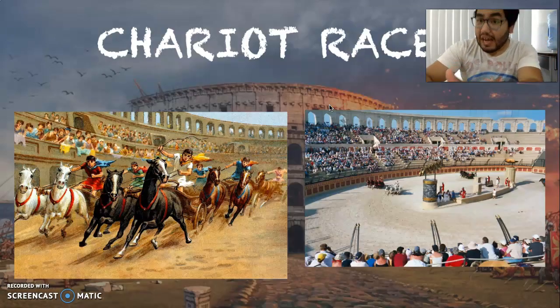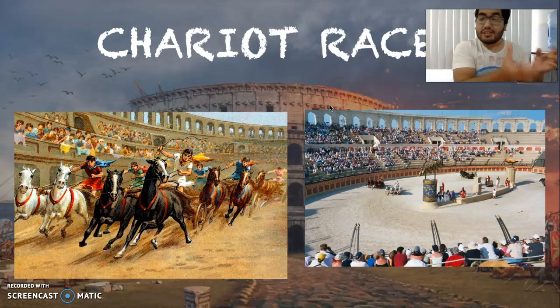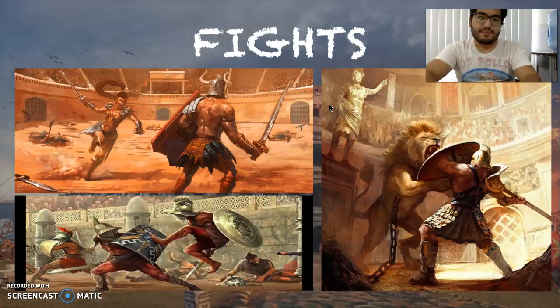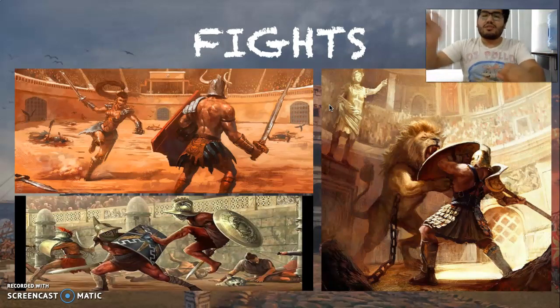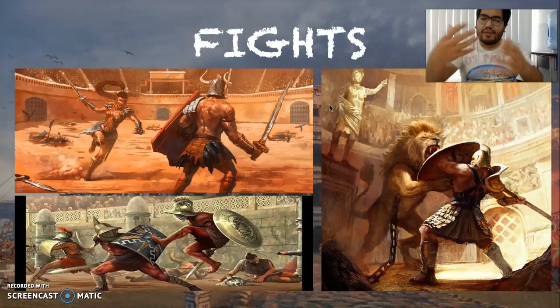For example, as in sports, you can draw the chariot races. You can draw a horse and a chariot, and that means in sports, ancient Rome had chariot races. We also saw that fights are part of the traditions. You can draw a helmet or a sword, that means fights in the category of traditions.